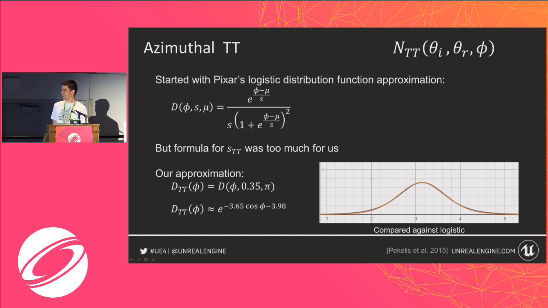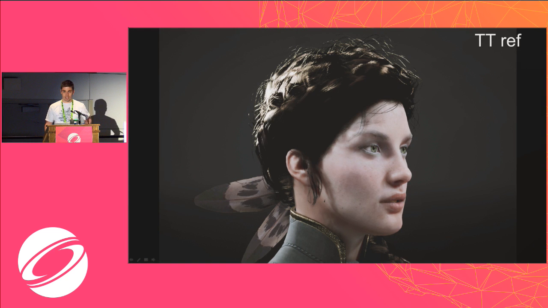The graph there shows the function fit to that, which we again replaced with a Gaussian that makes it even faster than doing the logistic, even with a constant. Here is the reference for the TT component, and here is our approximation, which ends up looking pretty close even though we've taken some liberties.